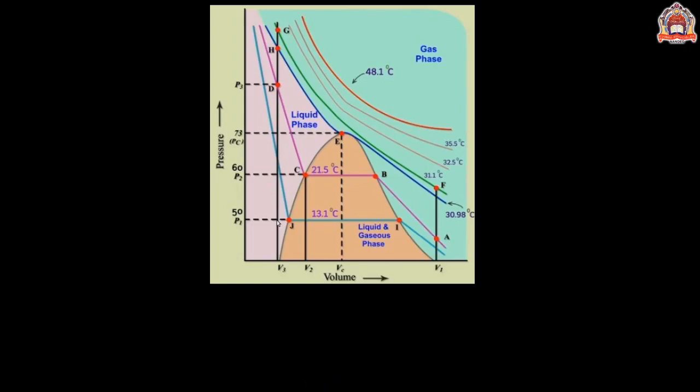In the portion of the curve from I to J, as the pressure of the gas increased, its volume decreases approximately in accordance with Boyle's law.